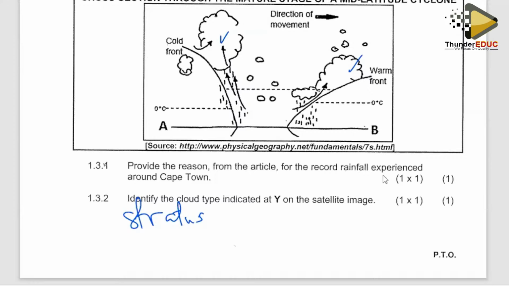Condensation takes place gradually, while the warm front also moves gradually away from the cold front. So the rainfall that we experience on that side of the warm front is long-lasting rainfall from the nimbostratus clouds. They are stratus clouds on that side.